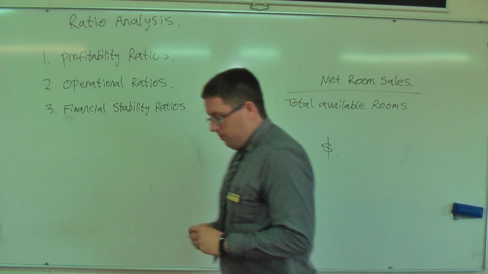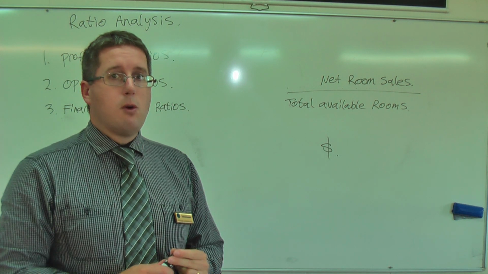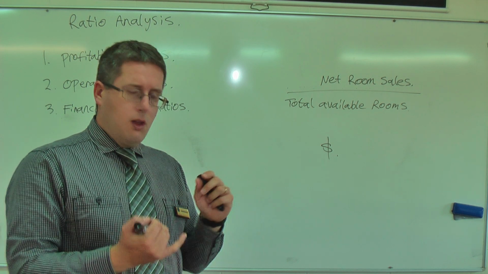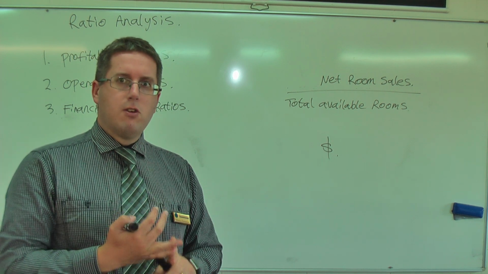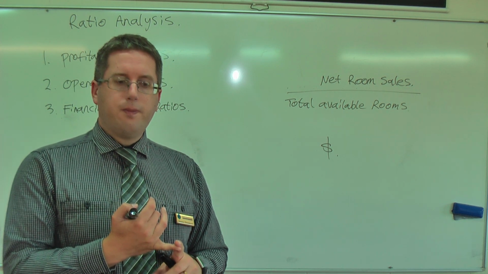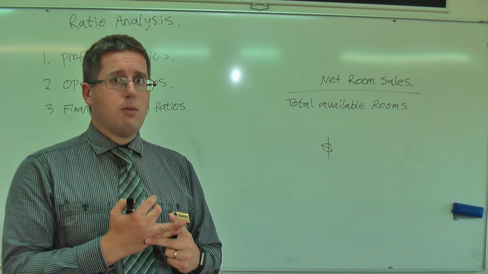It gives us a dollar figure. And in some ways, this ratio is actually one of the most important ratios in looking at a hotel's performance. Because it takes in the 2 factors that we've just looked at. Average daily rate, what people are paying, but it also looks at occupancy. It takes that into account.